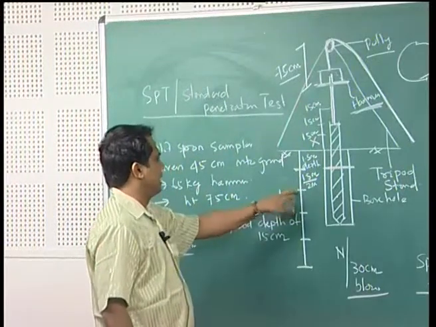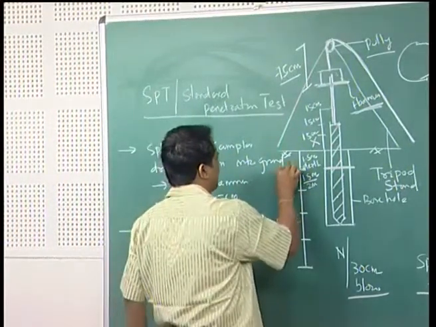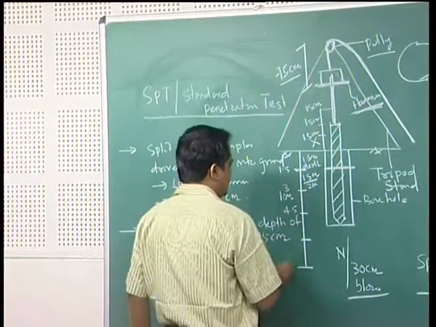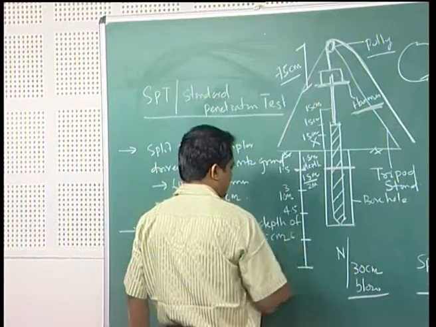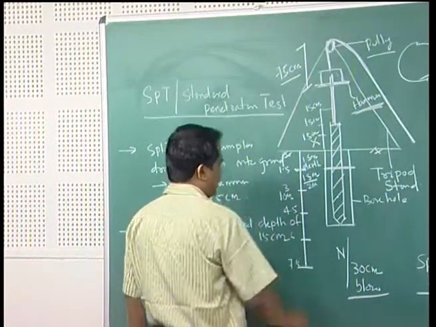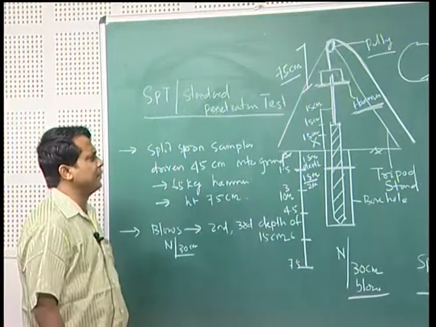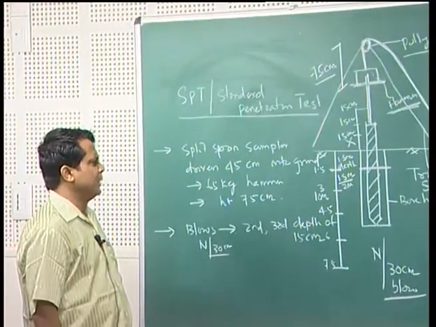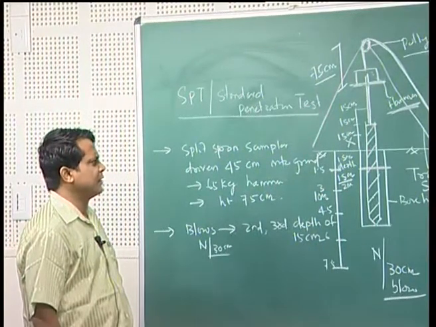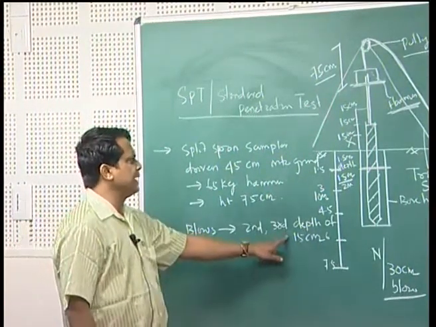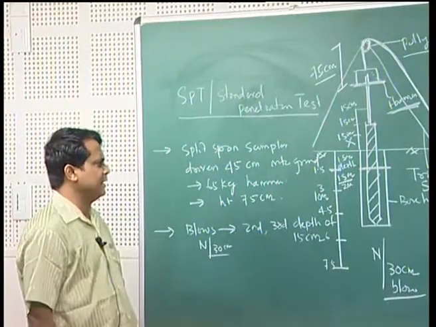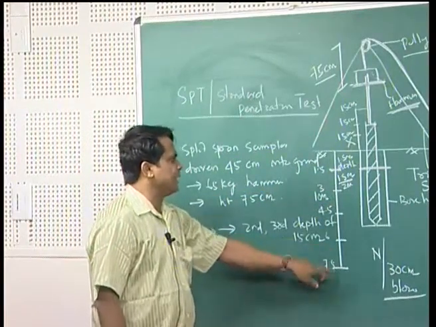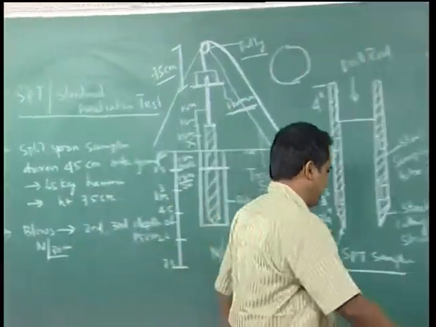So this is your 1.5, this is your 3, this is your 4.5, then 6, then 7.5. That means at every 1.5 meter interval of depth, you record the penetration blows N for the second and third 15 centimeter, that is 30 centimeter, and mark it up to 10 meter depth. So what will it exactly give?